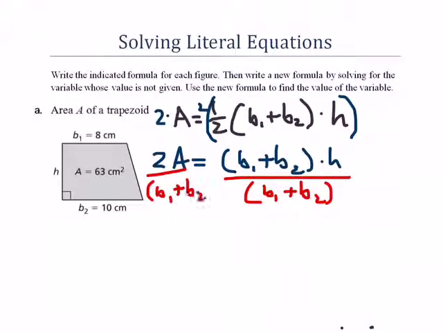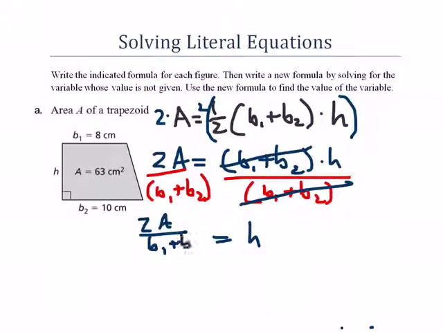On the right side, these numbers are just going to cancel out, and what we're left with is h. On the left side, we have 2A over B1 plus B2. And there you have it. We now have a formula for the height.